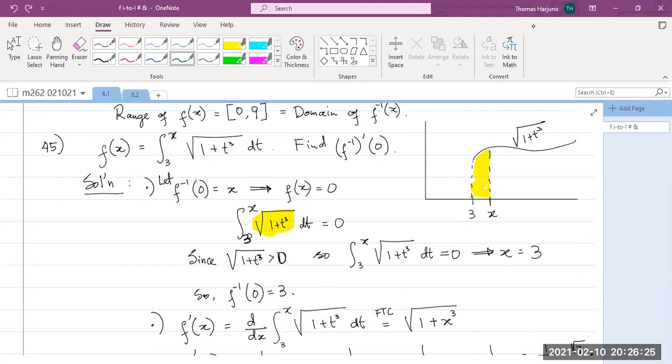There's a question: find the inverse function of x plus x to the negative 1 for x greater than 1.